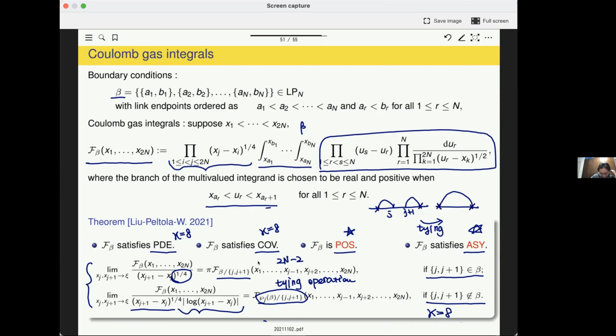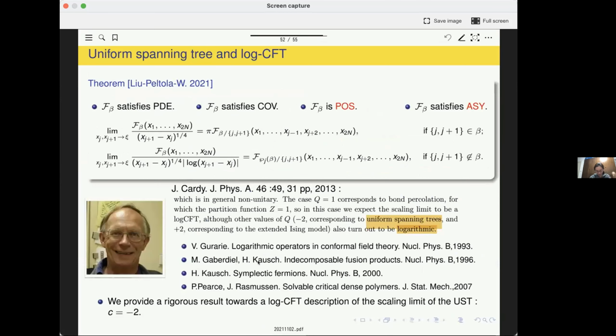Okay, so here are the properties we derived for these explicit Coulomb gas integrals. And in fact, this collection of Coulomb gas integrals doesn't first appear in our article; in the physics literature, there is already a similar description.